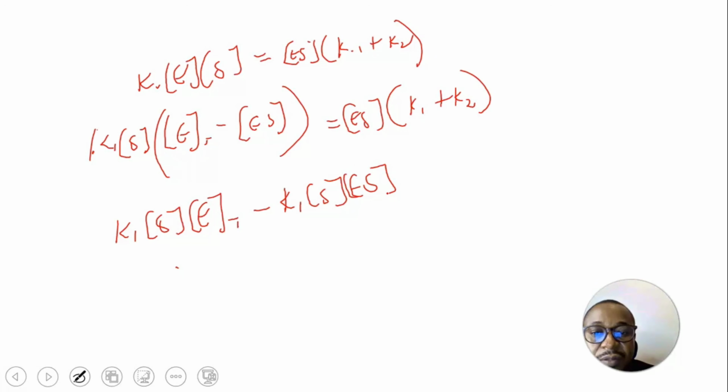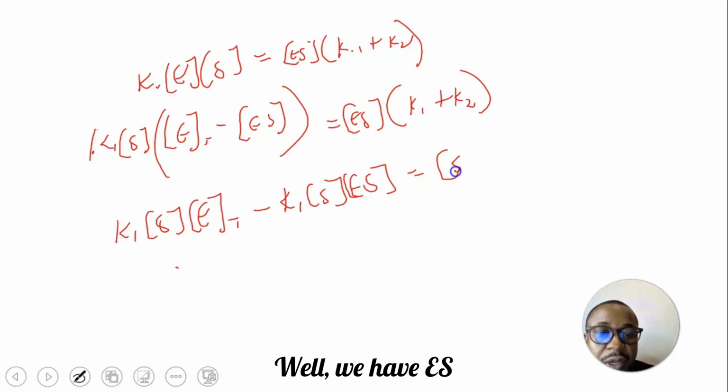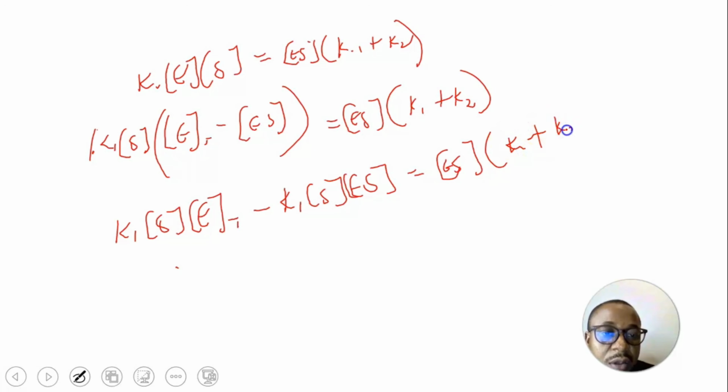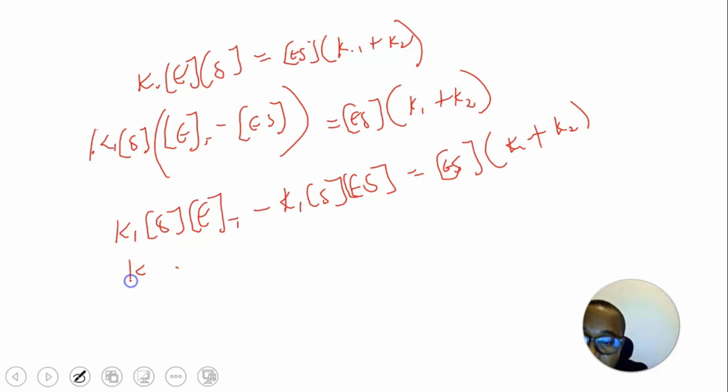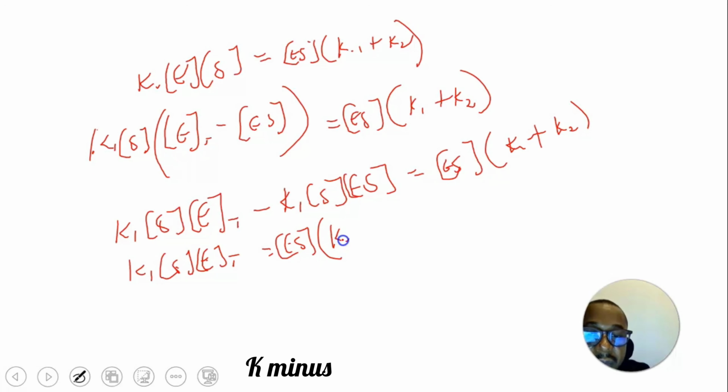We have ES, K minus 1 plus K2. So take ES to the other side of the equation, so we collect like terms. We have K1 S total enzyme equal to ES. Remember, we have in brackets K minus 1 plus K2.